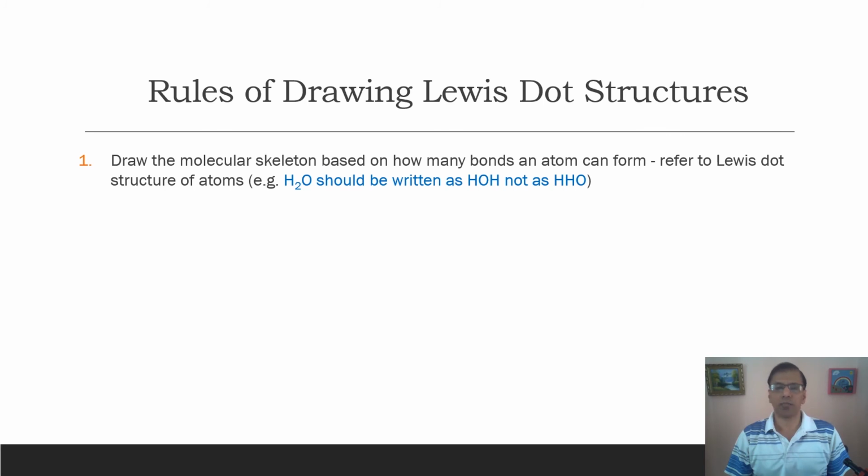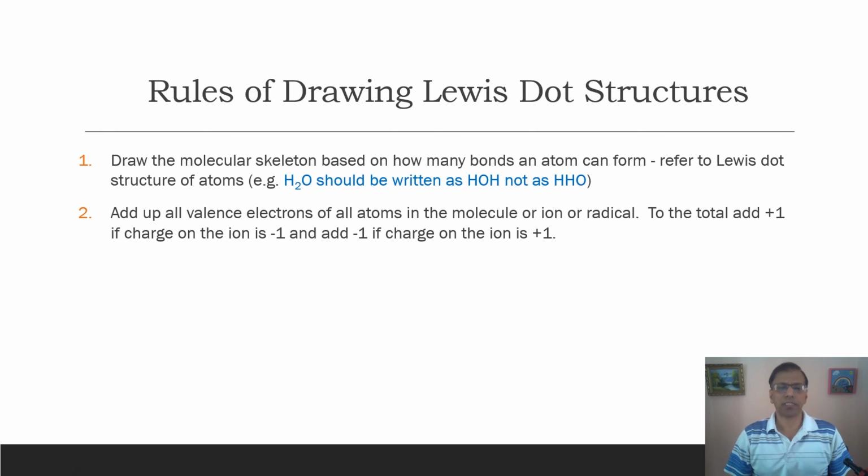So look at the table of Lewis dot structures and arrange the atoms in such a way that if the atom can form only one bond, then it should be only next to one atom. If the atom can form two bonds, then it should be next to two atoms. If the atom can form three bonds, then it should be next to three atoms, and so forth.